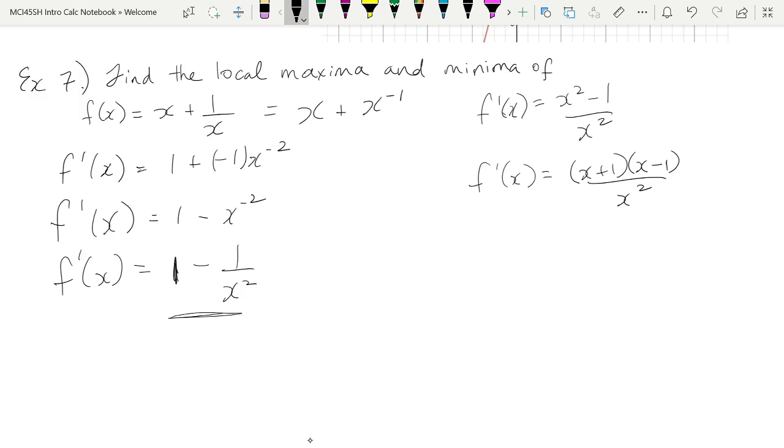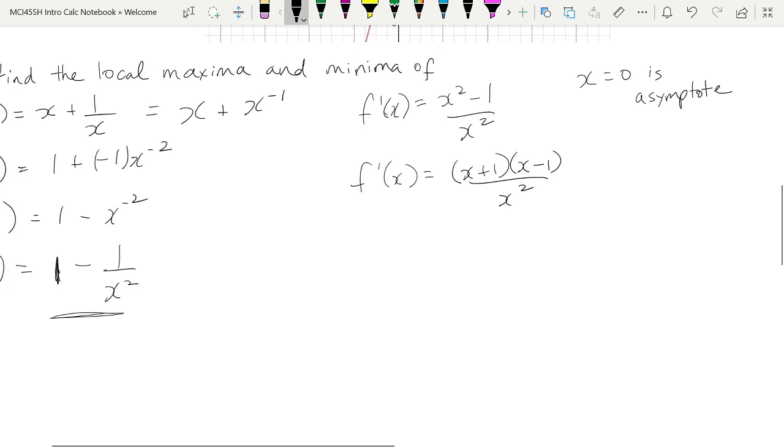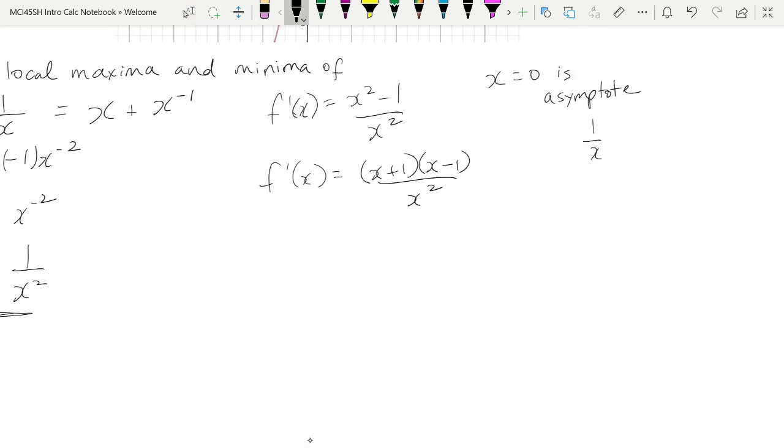Now, let's see what we can do here. In this case, x equals 0 definitely is an asymptote, right? I might even write that down. x equals 0 is an asymptote. You can't actually be 0. Actually, that's not the only asymptote. Because x equals 0, notice that 1 over x can't equal 0.